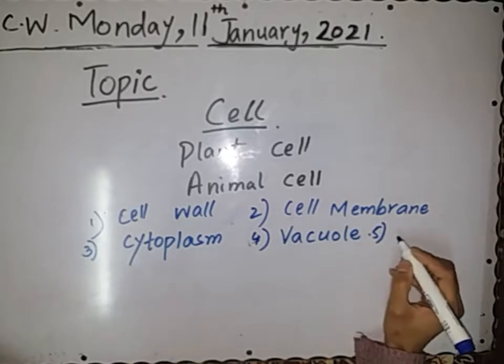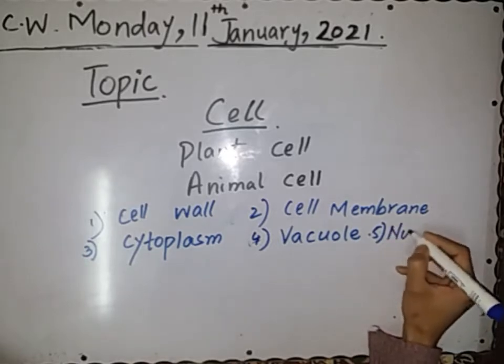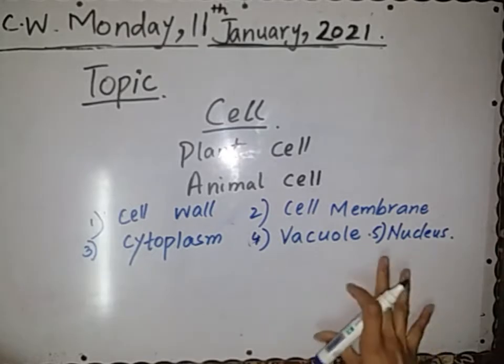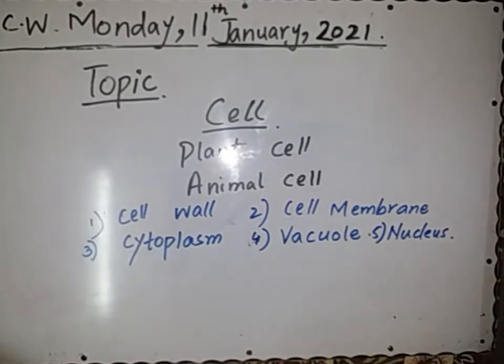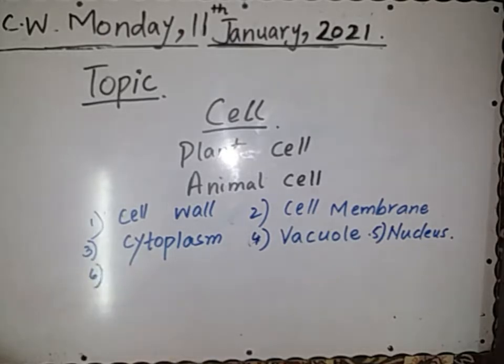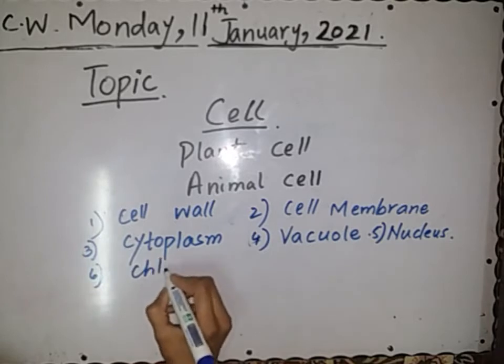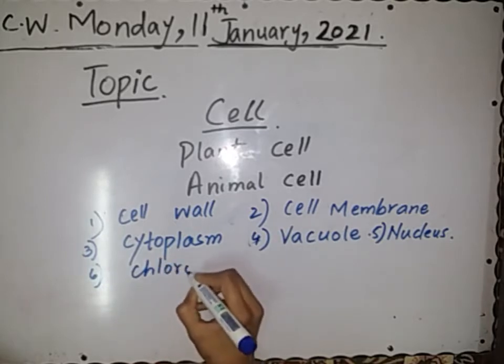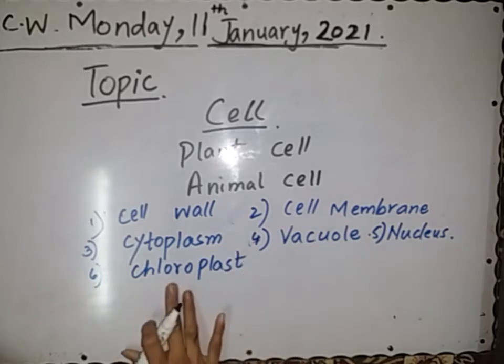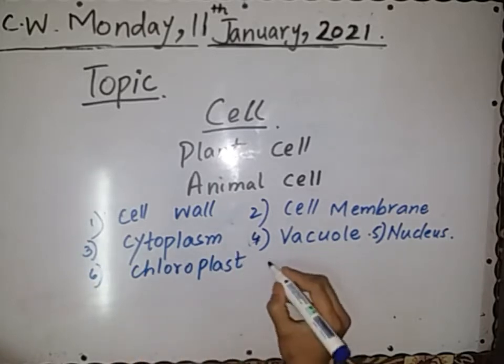Next is nucleus, which is known as the control center of the cell and controls all the activities that take place inside the cell, in plant cell as well as in animal cell. Next is chloroplast, which is present only in the plant cell, and it contains chlorophyll to carry out photosynthesis.